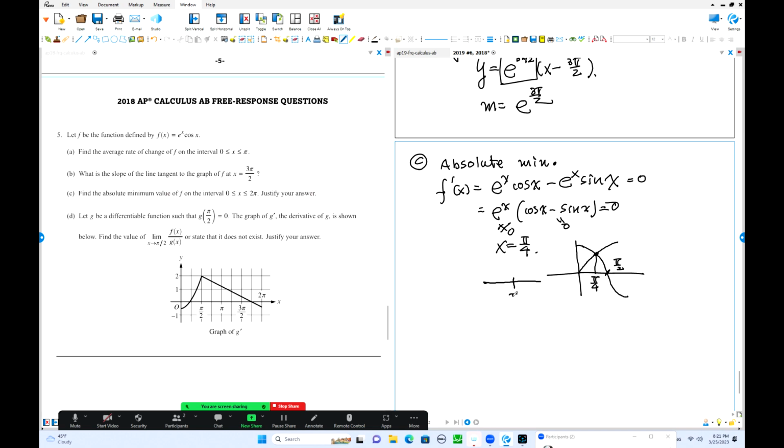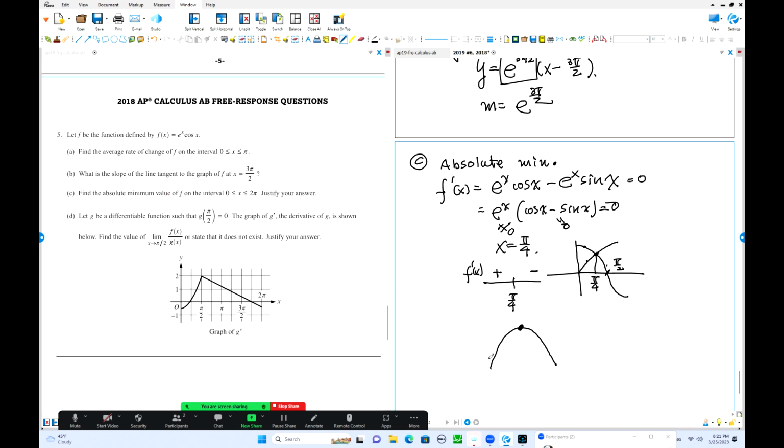So for this point, pi over 4, f prime x is what? This one is positive, higher minus lower, that is positive there, okay? At this point, that is a relative maximum, right? But that is a maximum, not minimum over here, okay?